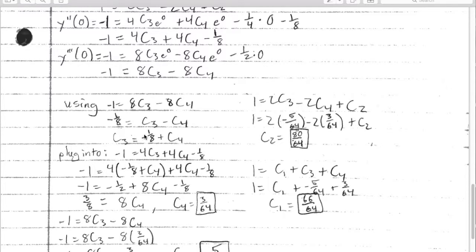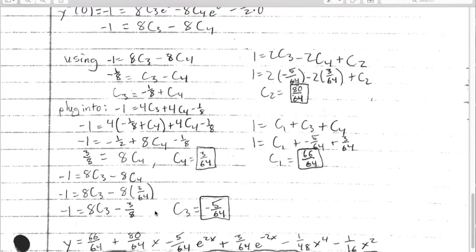So c3 in terms of c4 is equal to negative 1/8 plus c4. Then we plug that into the other equation, negative 1 equals 8c3 minus 8c4. So then solving for c4, we get 3/64, and you can see the information on the screen pretty easily.